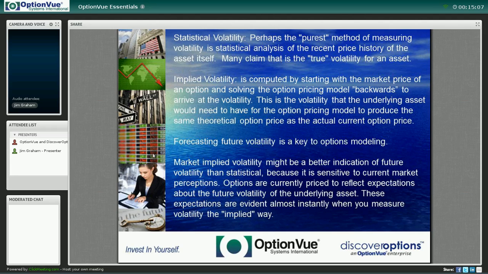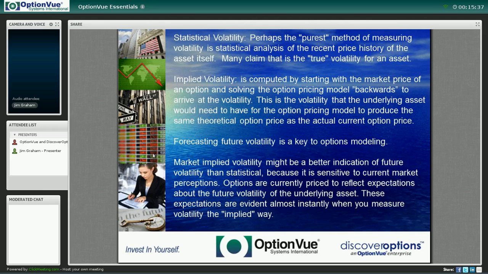So as I mentioned in this next line, forecasting the future volatility is the key to options modeling. So that's why market implied volatility might be a better indication of future volatility than the past measured statistical, because it's taking the entire market, all the people that have actually traded or bidding on that, a bid and ask on that option, taking what they think volatility will be in the future.